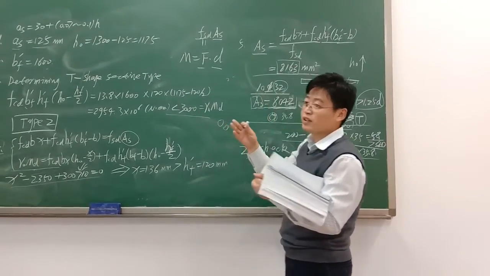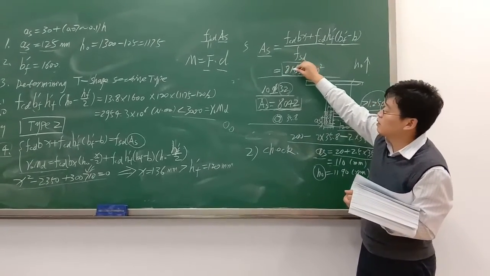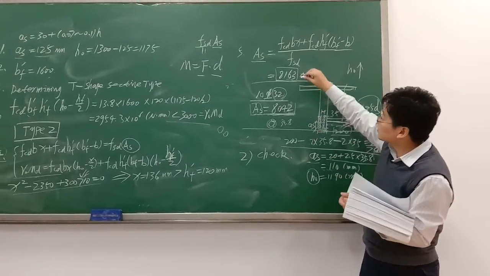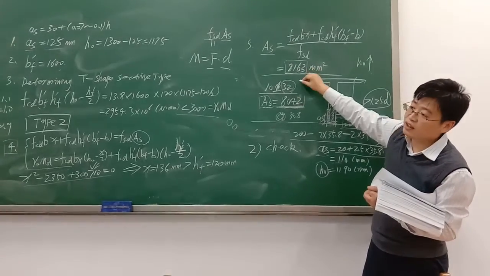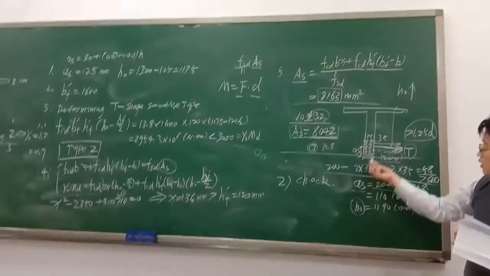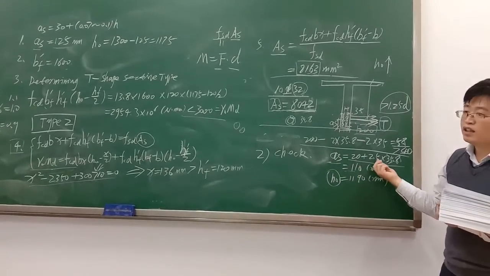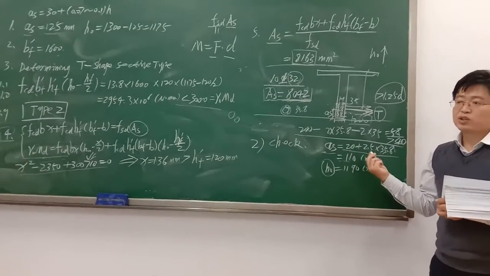So it's not very easy to get a design exactly larger than this. Some designs are just near this value, maybe a little bit smaller. If you design AS smaller than the assumed value, then this design is also okay.